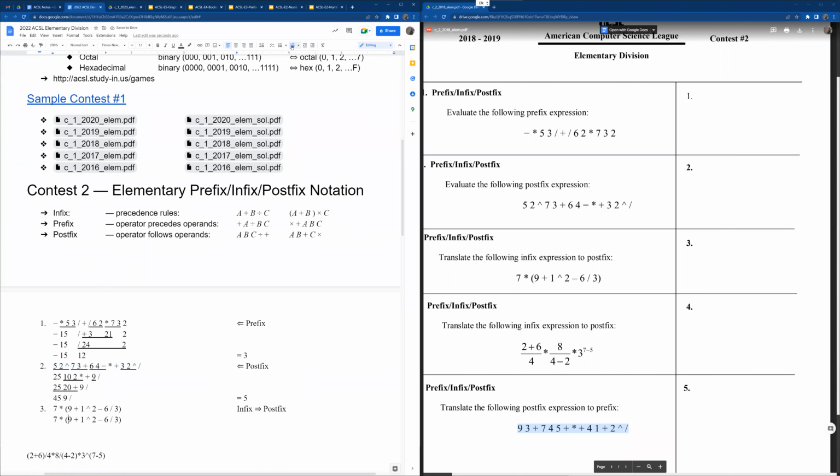We copy them down and then what we do is... I just finished all number 3. Yeah, this is what I did. I just put some unnecessary parentheses.